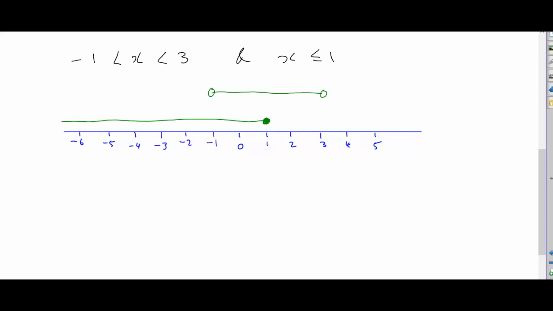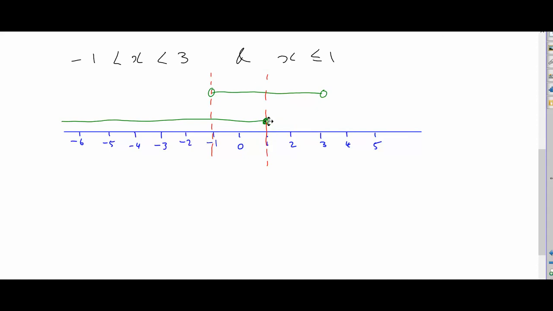And then simply the values of x which satisfy both inequalities are where we have both lines. So it's between minus 1 and plus 1, which is where both lines are present.